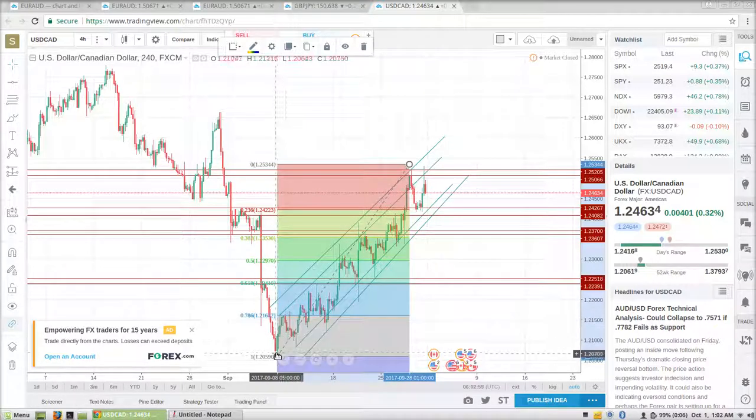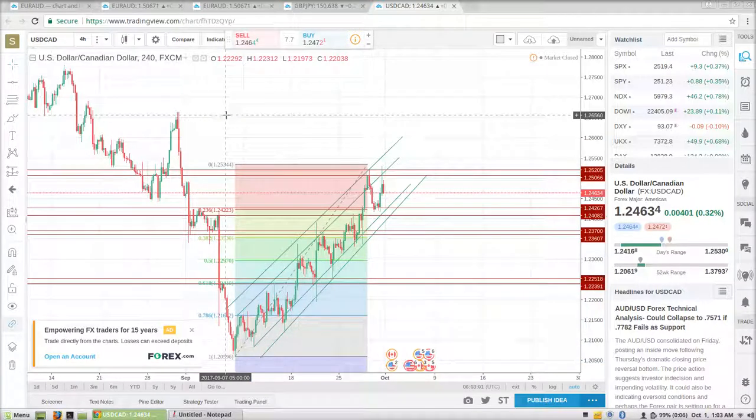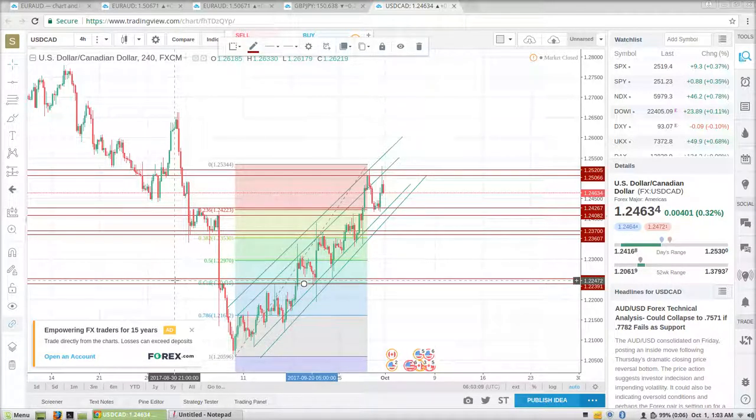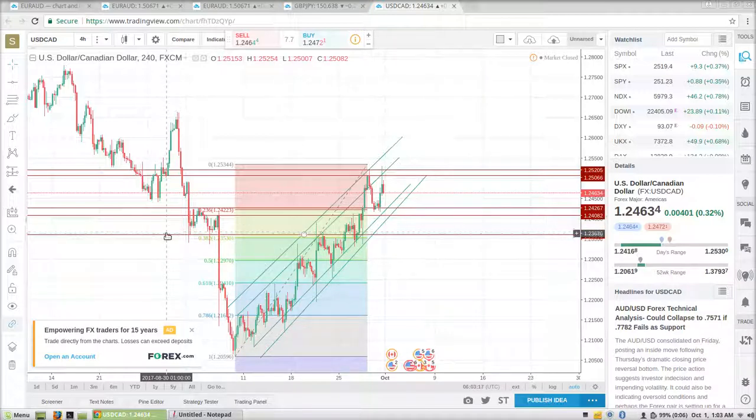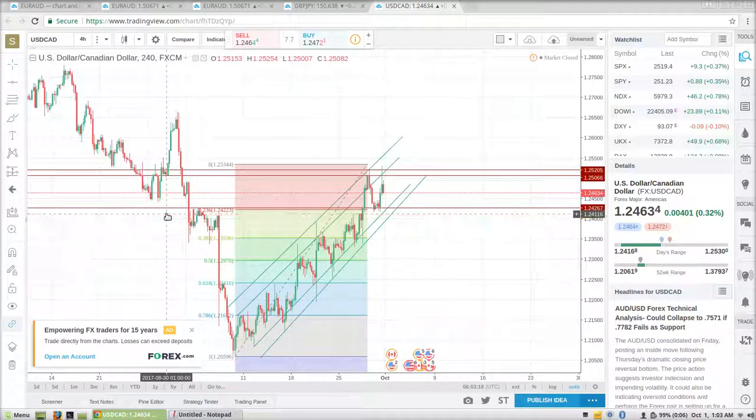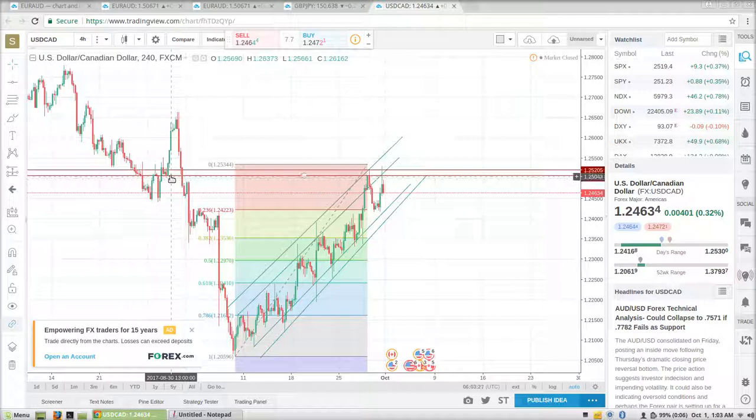So if you want a cheat-cut way of drawing support and resistance, this is the way. If I did not have these lines right here, I'm going to quickly remove them, and then I'll show you what I mean.